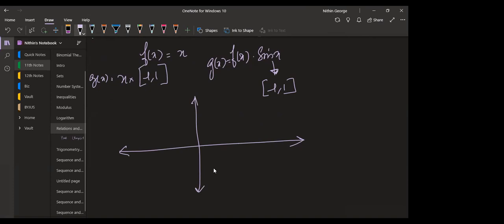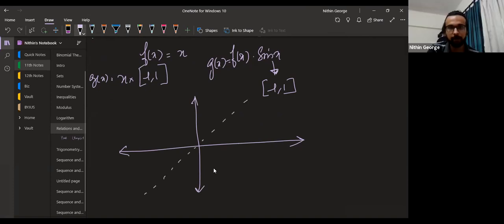Yes, sir. Okay. So what I'll do is I'll first draw out y equal to x and y equal to minus x. Will the value of f of x into sin x cross these two values, x and minus x? It'll be x into a value between -1 and 1. Can it cross x?